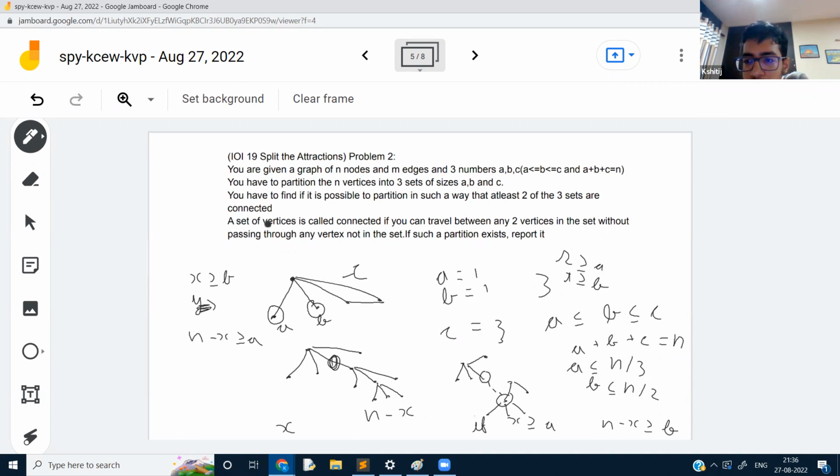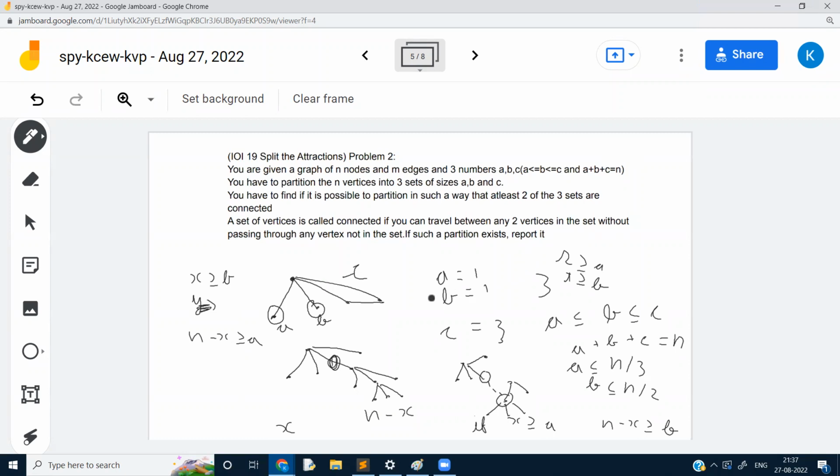Did you all get this? Hello? Did you all understand the solution if the graph is a tree? Wait, I'm a little confused. If there are any two edges which are vertex disjoint, then can't you take two vertices in one, two vertices in another, and the third doesn't need to be connected? What exactly are you saying? There are many cases where the answer is no, it's not possible to partition.